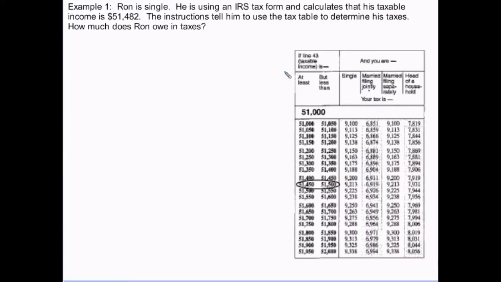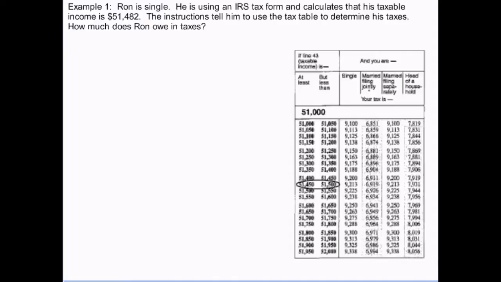So if we're looking at the tax table, this is like a column from the tax table. You have the at least but less than. So Ron makes $51,482. So we look between $51,450 and $51,500. That's that range.